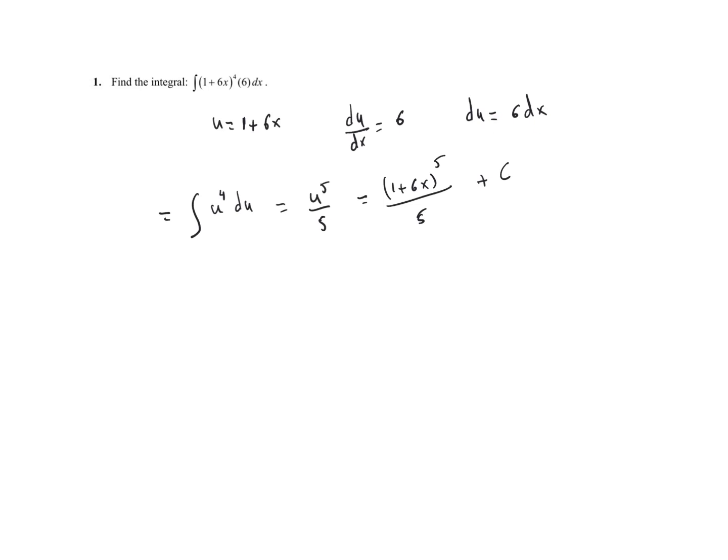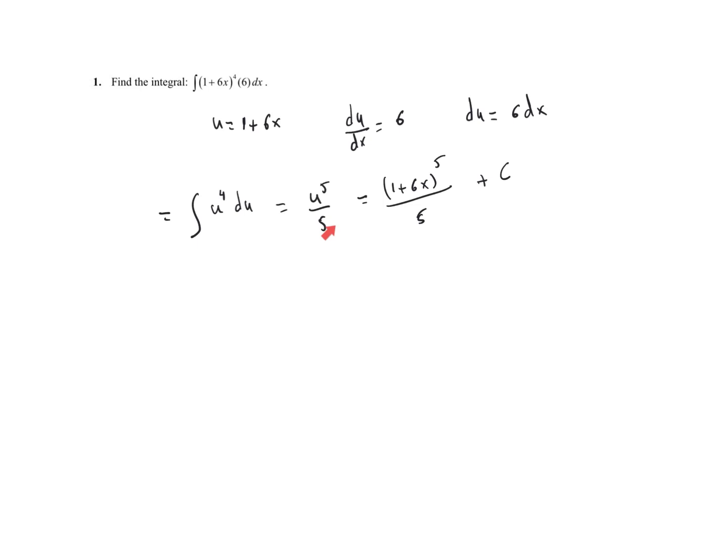So you see, 6 dx is sitting right in front of you. This is du, and this is u raised to the 4th power. So the integral is the integral of u to the 4th power du. And this integral is u to the 5th power divided by 5, applying the power rule.